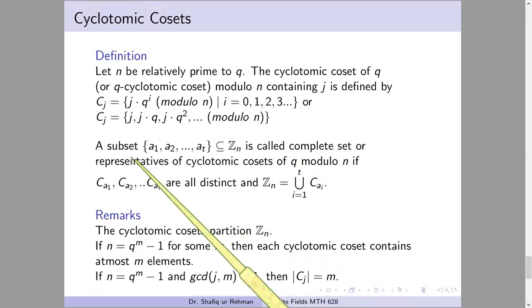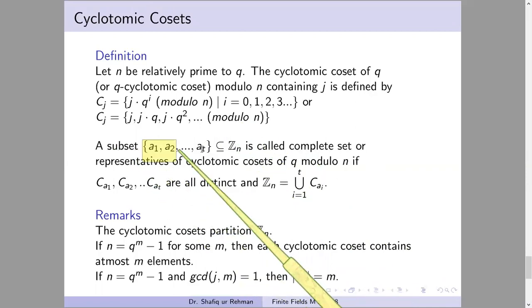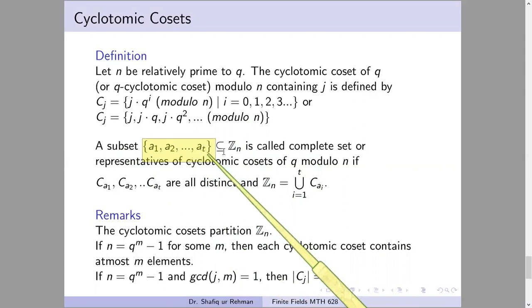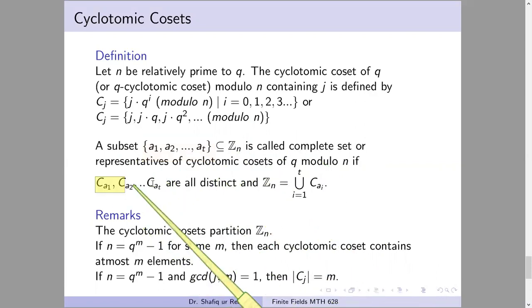And a subset of Zn, a1, a2, and so on, is called a complete set of representatives of cyclotomic cosets if these cyclotomic cosets are distinct and their union is Zn.